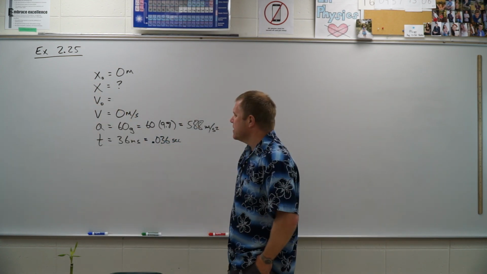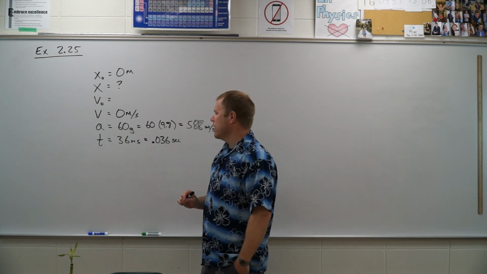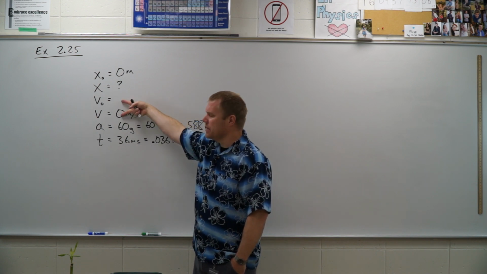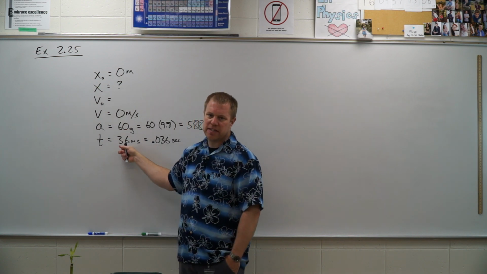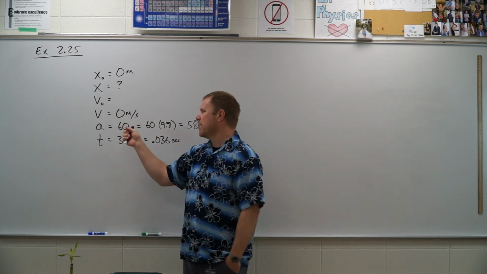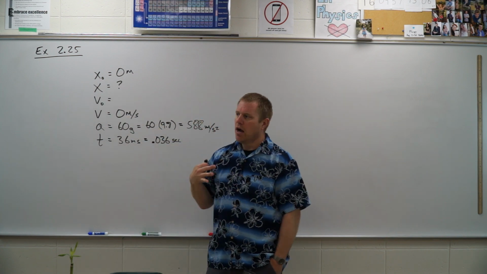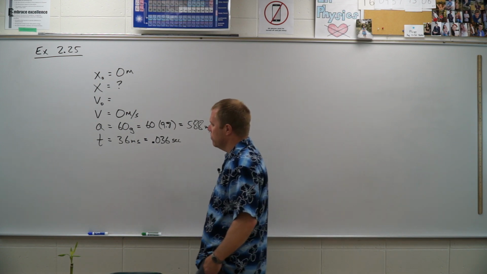What I could do is take what we call a tricky tiger trail, and get the same result if I flip these. If I speed up at 60 Gs for 36 milliseconds, I'm going to go the same distance as if I slowed down from whatever my final speed is to 0. So either way works.